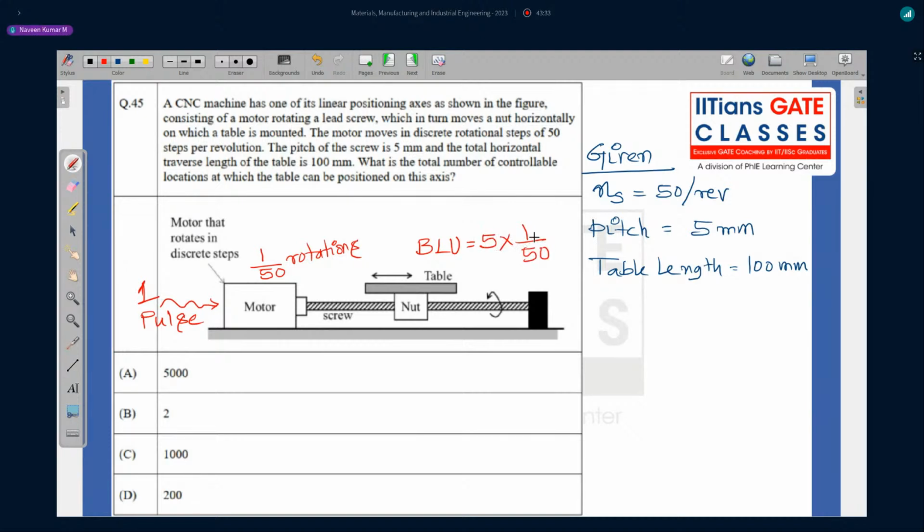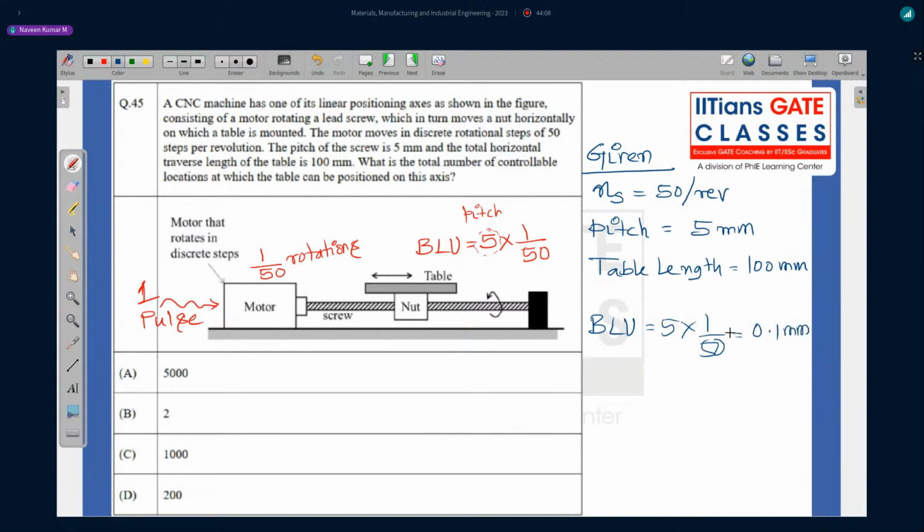So BLU is equal to 5 into 1/50, which is equal to 0.1 mm.